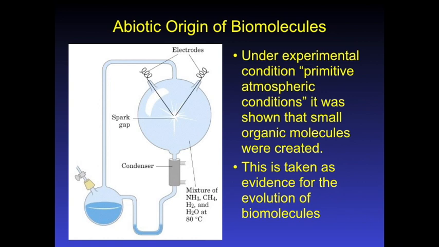We had no oxygen until there were bacteria. We had no bacteria until there were amino acids and proteins. So they believed that there was nitrogen, methane, hydrogen, water in there. And they used electricity. After a long period of time, they isolated what was in the water, and they found amino acids.